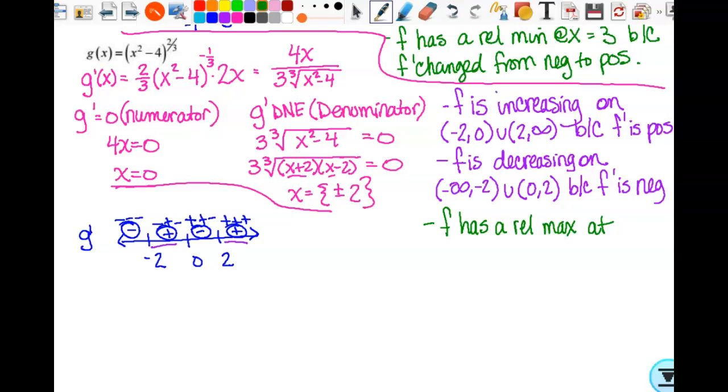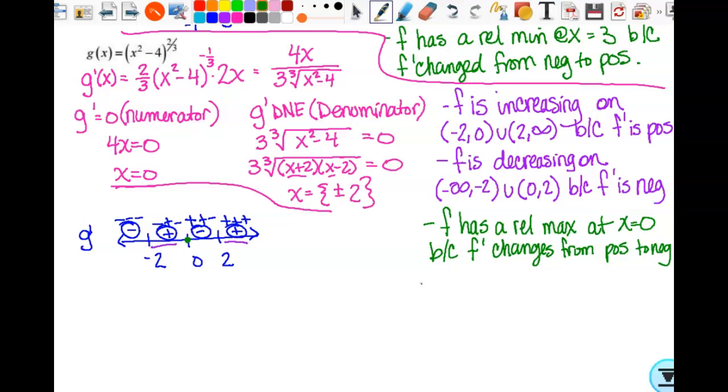So we change from positive to negative here, and that's it, right? So I have a relative max at x equals 0 because F prime changes from positive to negative. Right?